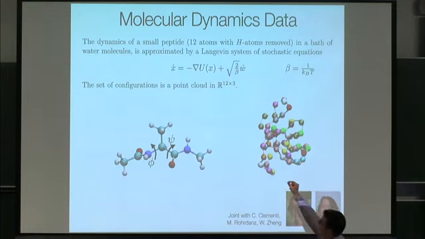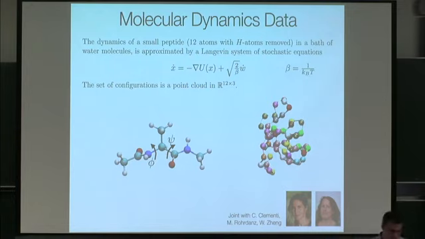Here x is a vector with the 3m coordinates of the m atoms in the molecule. And its velocity has a deterministic component, minus the gradient of U, where U is a potential that takes into account all the forces between the atoms, and a stochastic component, W dot, which is Brownian motion. Typically it's colored. Here the covariance of the noise, the diffusion coefficient, is just a multiple of the identity.